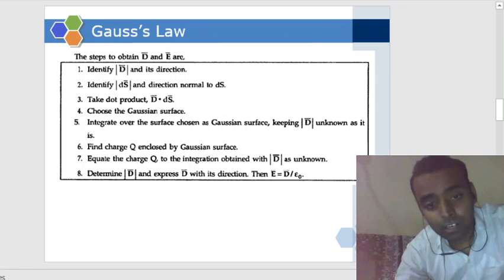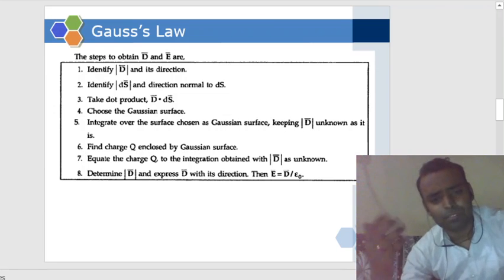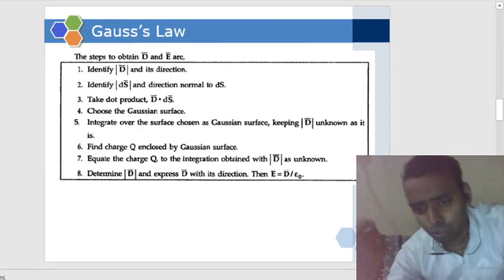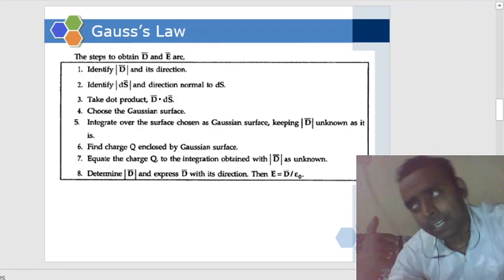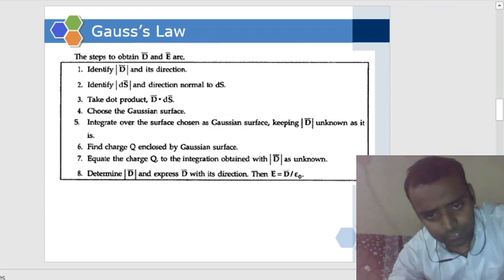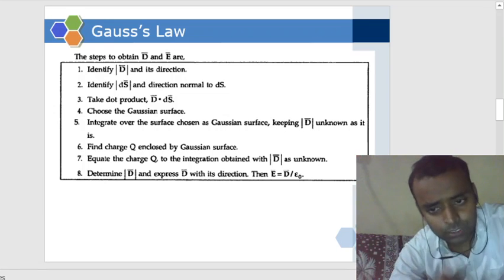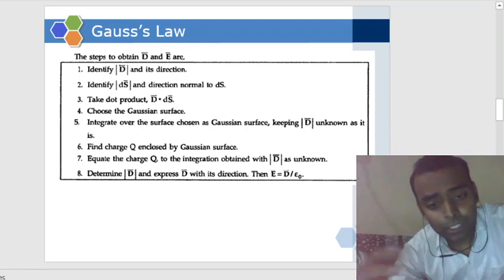We'll do the reverse of this. These are simple steps; you can count them on your fingers. First, identify D. Identify dS. Then take a dot product, choose a Gaussian surface, and equate it to the charge Q. That's it.